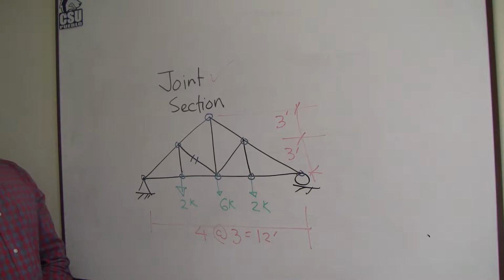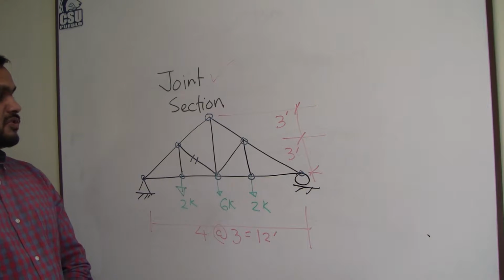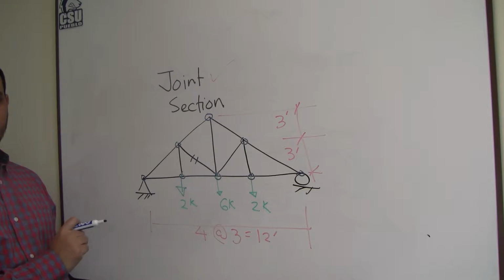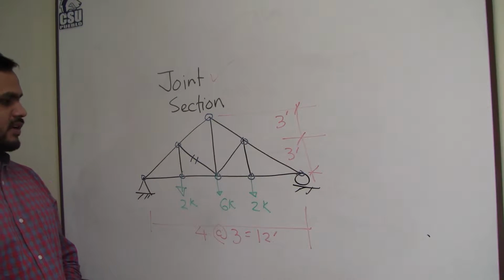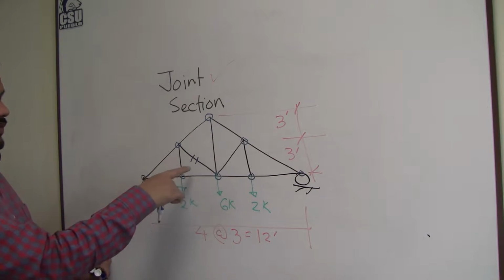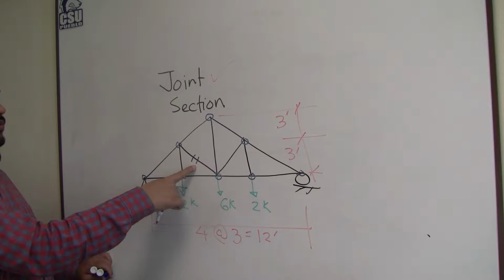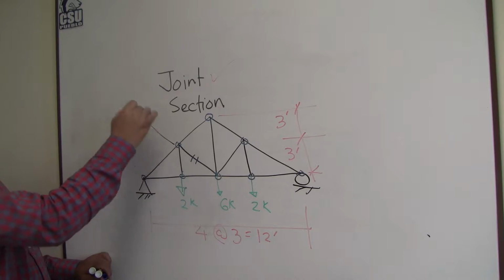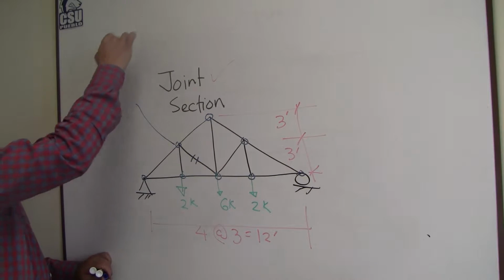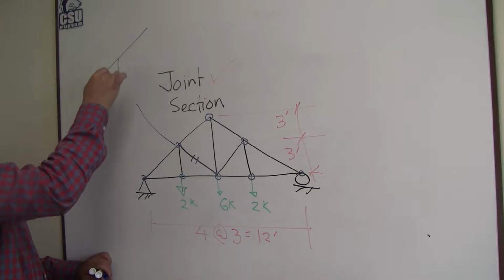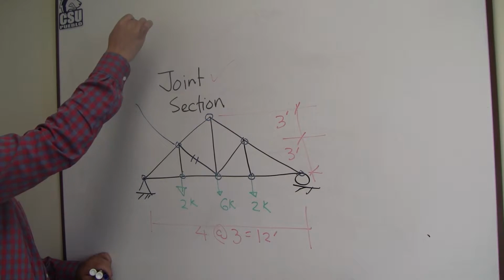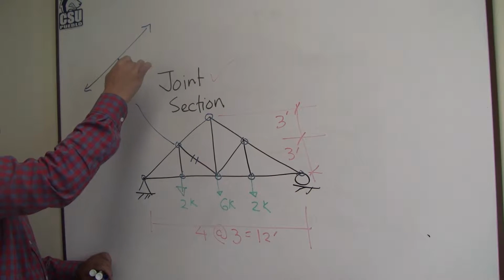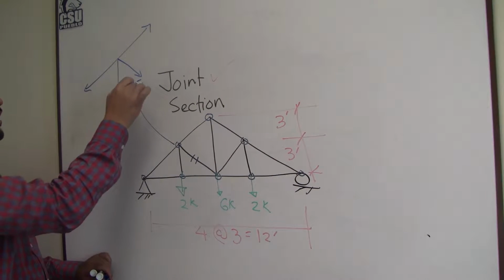Now, if we consider the joint method, we can consider any joint, draw the free body diagram and find it. So for this member, I will have to draw this joint or this joint. So if I take this joint, it is similar to this, one member here, other member here, and this is the member force I need.